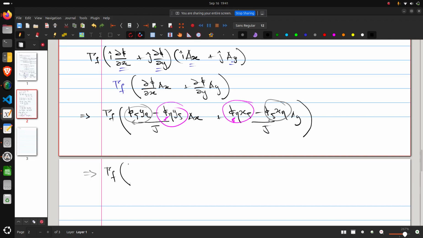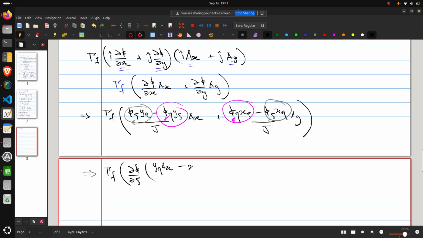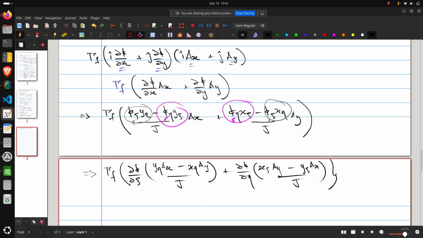Okay, so taking dou phi dou psi as common, we have y eta ax minus x eta ay, divided by the Jacobian, plus dou phi dou eta, we will take x psi ay minus y psi ax, okay.